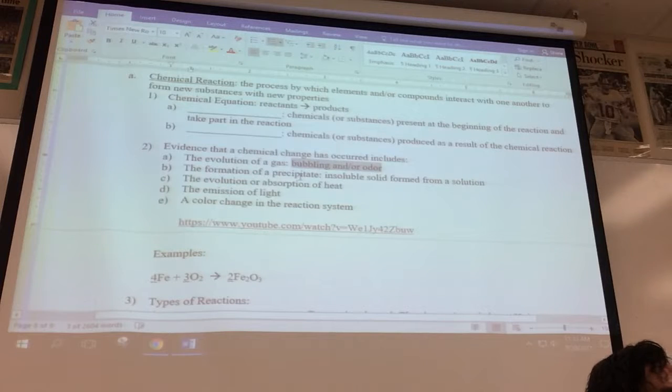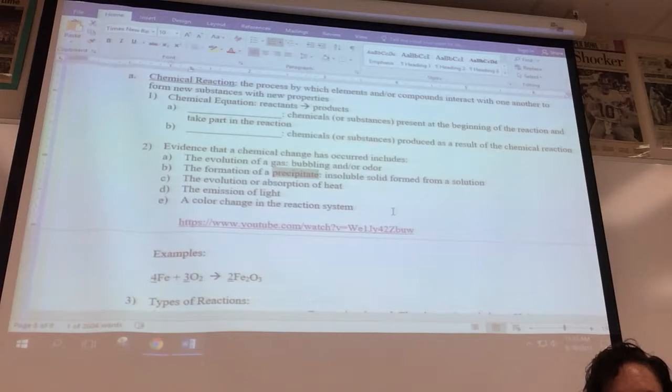A precipitate can form. When you mix two liquid solutions together and you get a solid, you've generated a precipitate, and you're going to be doing that in the lab the first or second quarter. You'll see the generation of a blue precipitate in the next little video.